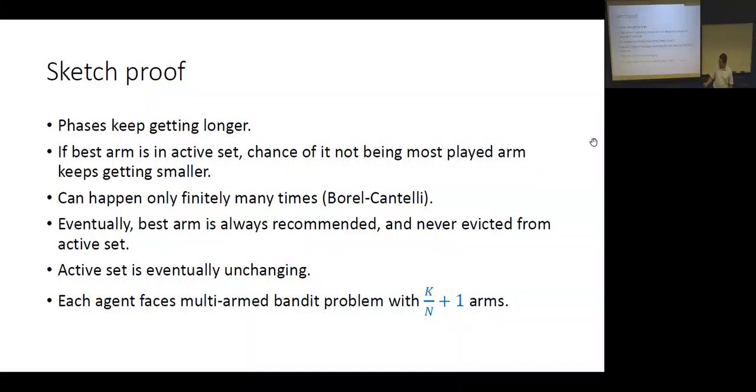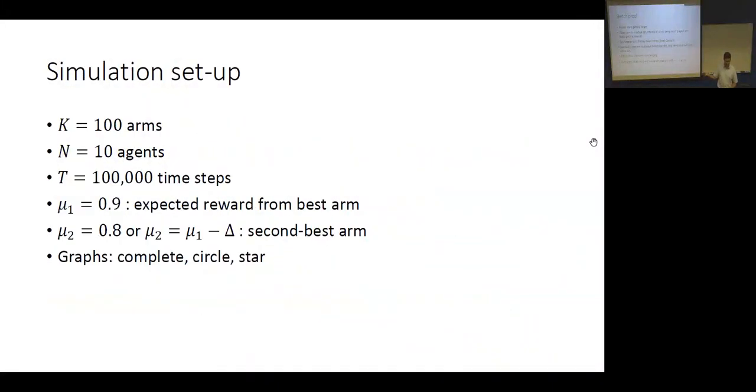Okay, but yeah, so that's the intuition, and the constants may not look great in practice, but the algorithm is still there, we can simulate it. So we do that with 100 arms, 10 agents, 100,000 time steps. These are the parameters we look at: we take the best arm to have mean reward 0.9, and all the other arms have mean reward 0.8.